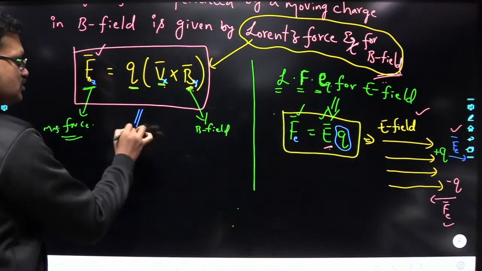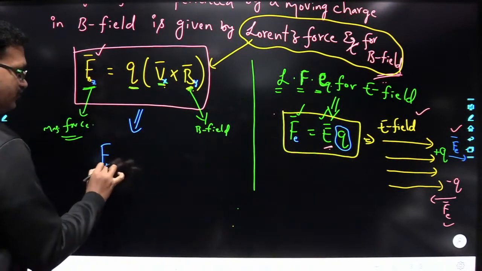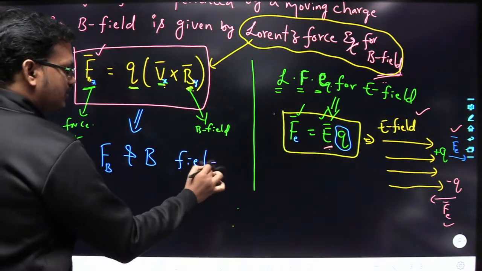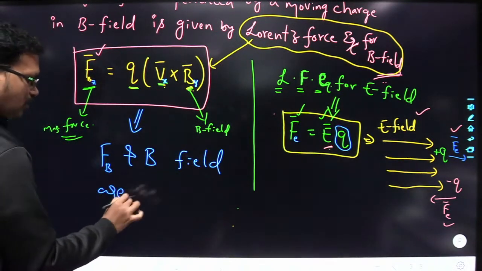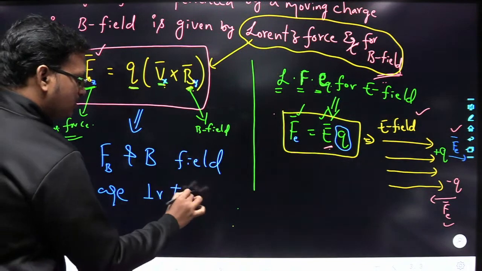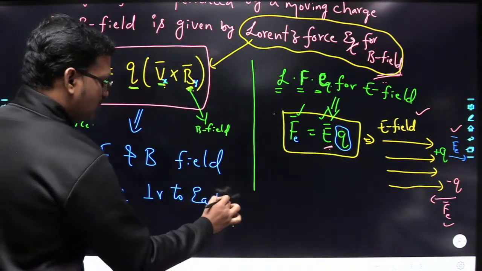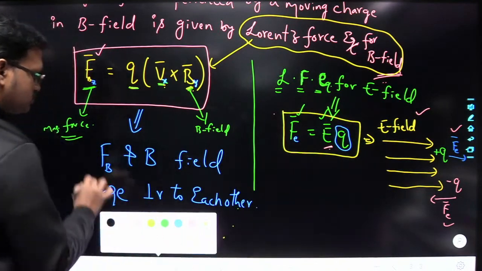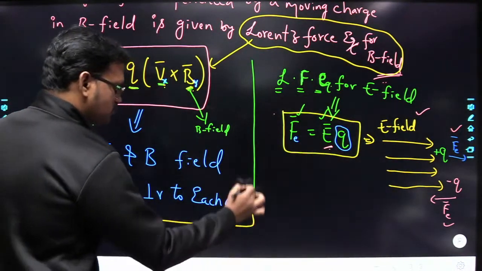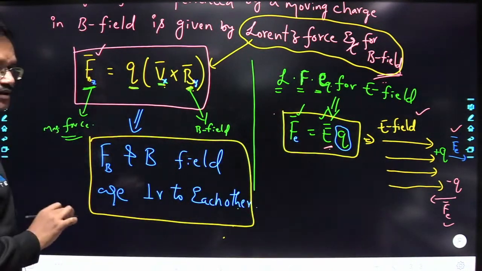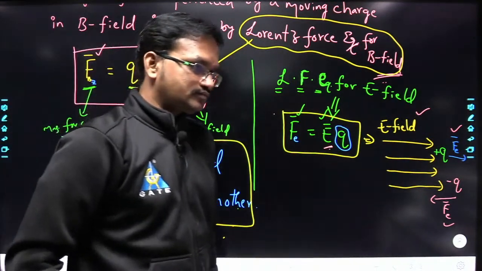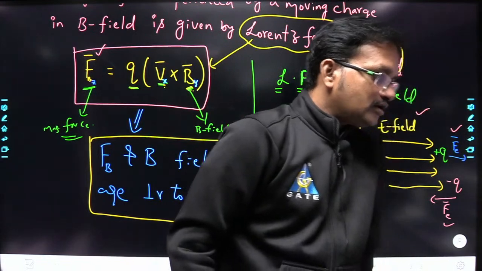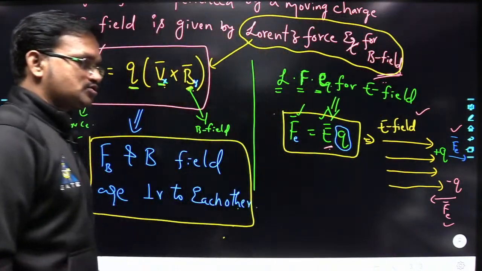So FB and the B field are perpendicular to each other. Understood here? Rahul Thakur, understood this point? Yes or no? Parasmoon, perpendicular, very good. Rahul Thakur, I hope you have understood this one, right?